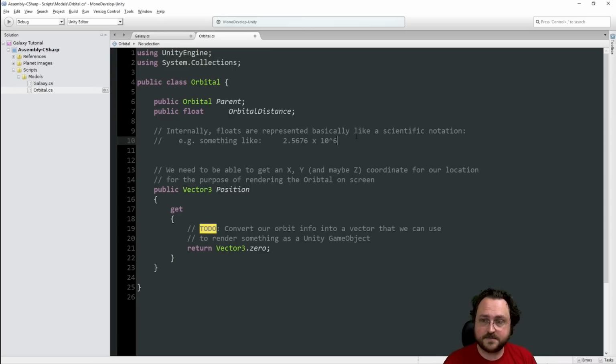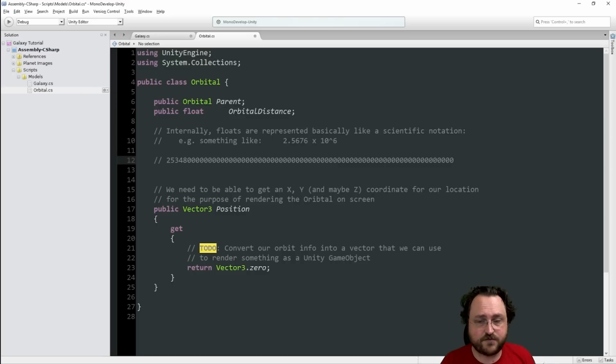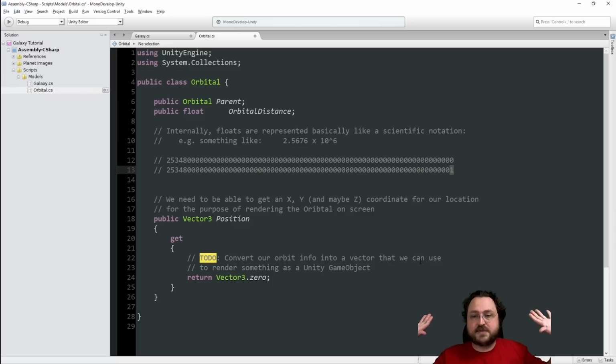So it's very easy for a float to represent some number with a bunch of zeros. But it is very hard for a float to represent something like this. This 1 is going to get lost, which is perfectly fine in many situations.